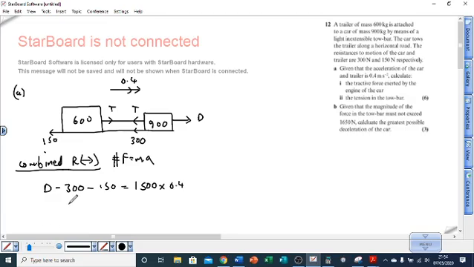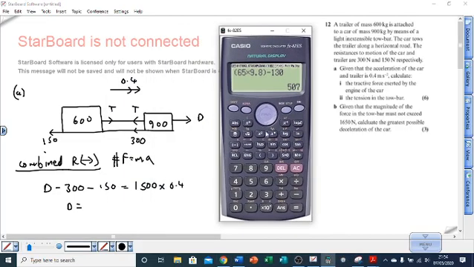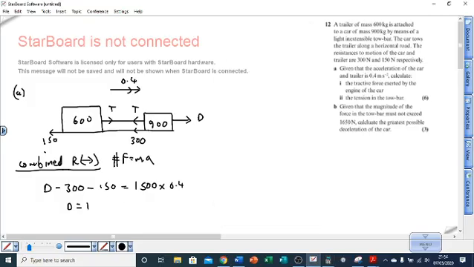So rearranging that, we're going to get a tractive force, a driving force, of 1500 times 0.4, which is 450, plus 450, and you end up with 1050 newtons. It's already 3 sig figs.